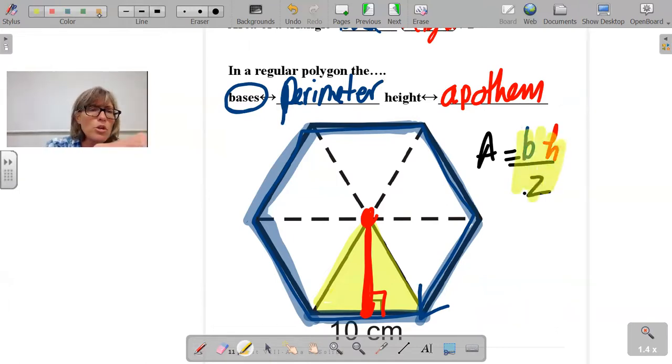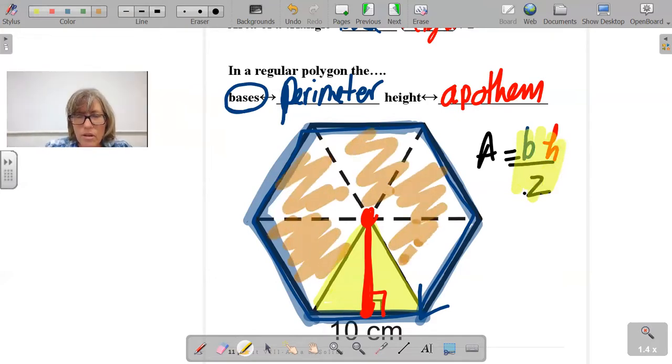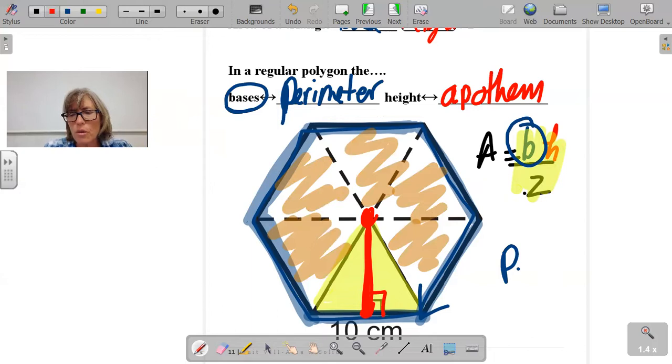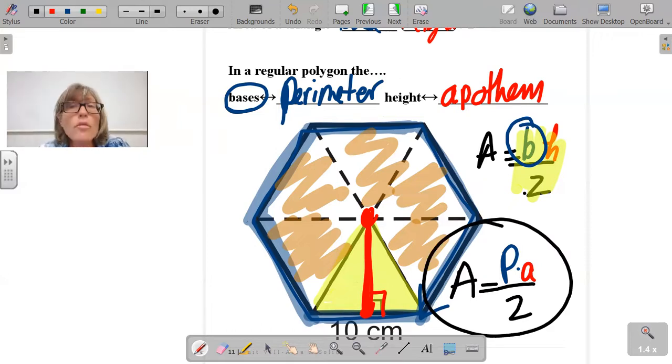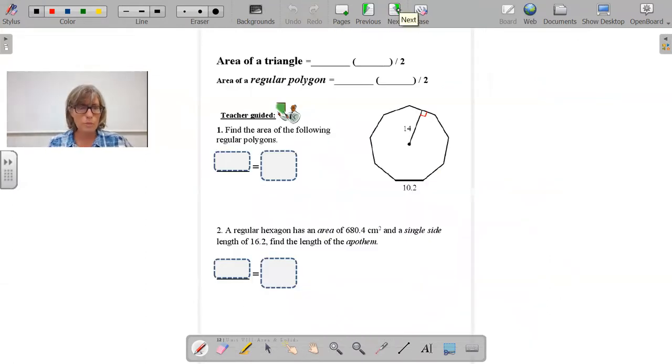But if we wanted to do all of these triangles in a single equation, all we have to do is replace base with perimeter, height with the apothem over 2. And this, my friends, is how you find the area of a regular polygon. Area of a regular polygon, perimeter times apothem over 2. Pa over 2. Regular polygon is pa over 2.